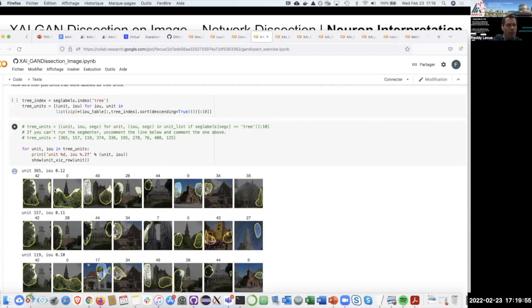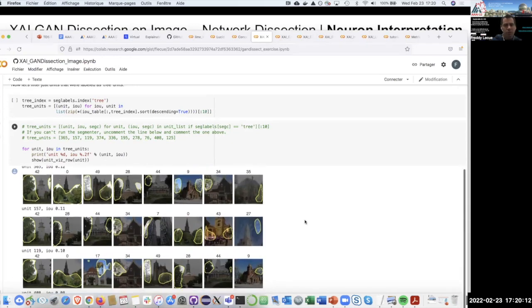And with the unit and the IoU score, they show the unit visualizations based on the images that they have. So those are the different images actually, and they see the different units and how they react to those.